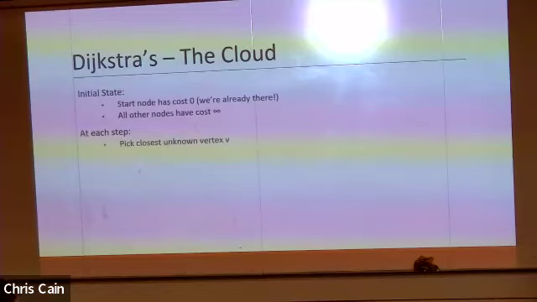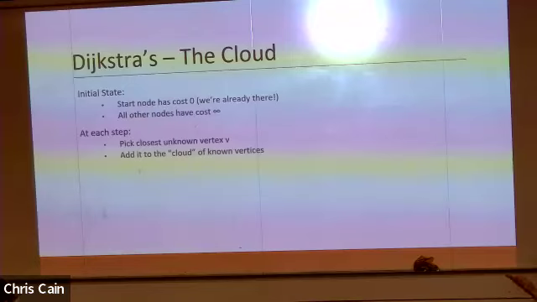Then we will loop the following. We're going to pick the closest unknown vertex. So when there's only a single vertex, we're going to be looking at all of the neighbors of that vertex and ask which one of those has the shortest edge cost. We're going to add that to the list of known vertices and visit it.